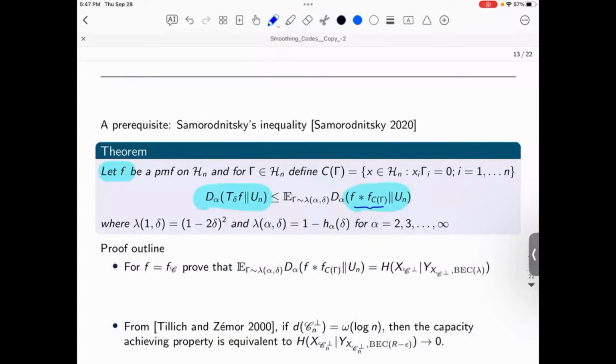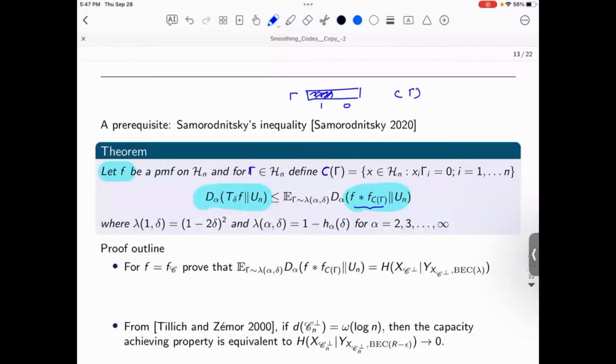This gamma is a bit string. It's an element of Hamming space. And we define C gamma as in this equation, but what it really means is, let's say gamma looks like this, you have ones here and zeros here.